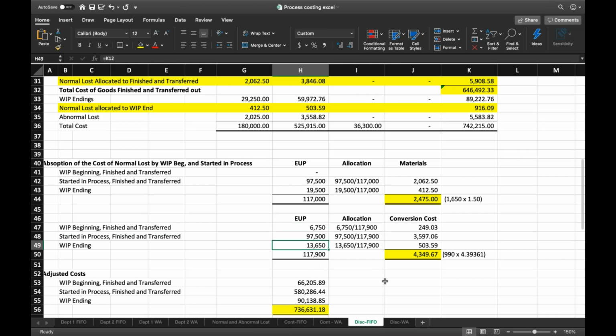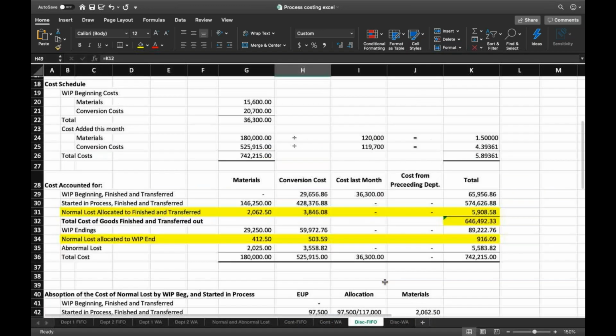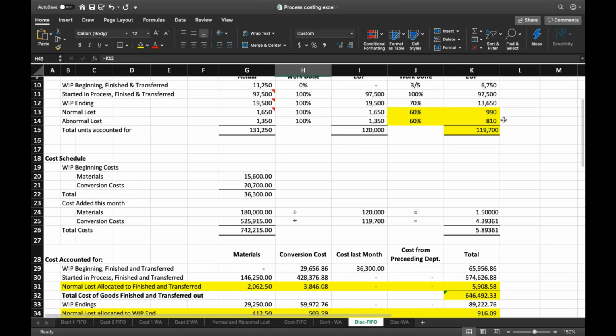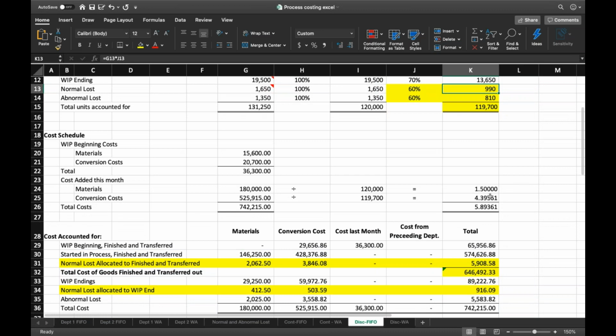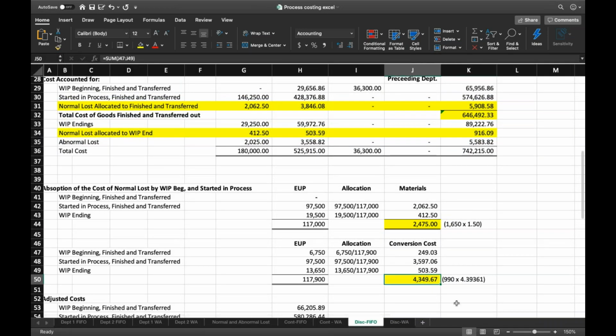The total conversion cost for the normal loss is 990 times 4.39361 equals 4,349.67.